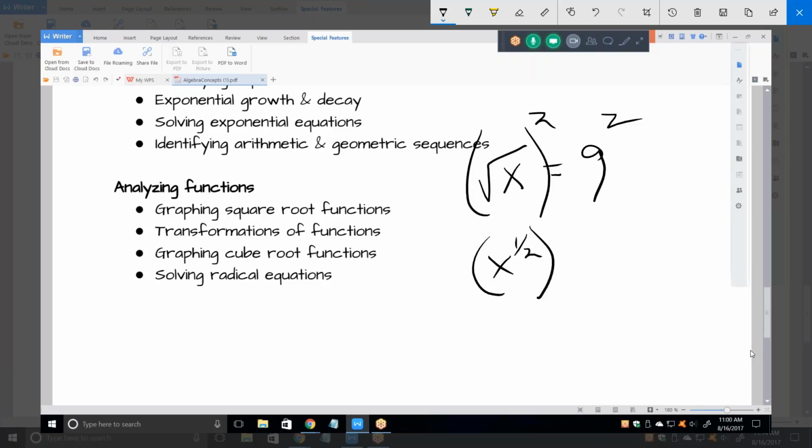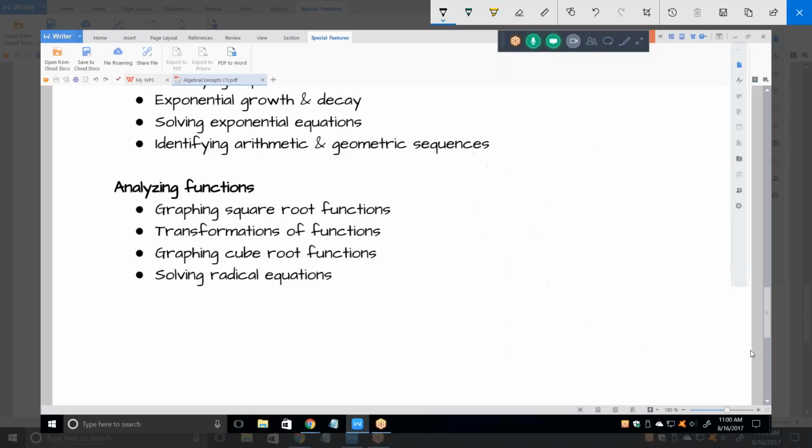And then when I square that, I'm applying the rules of exponents. So I'm multiplying the 2 times 1/2, and that gives me x to the 1. And you're right, the right side is whatever number that is. Okay, let's try another. Get a little more complicated here.